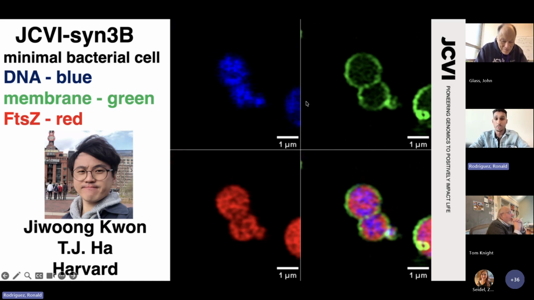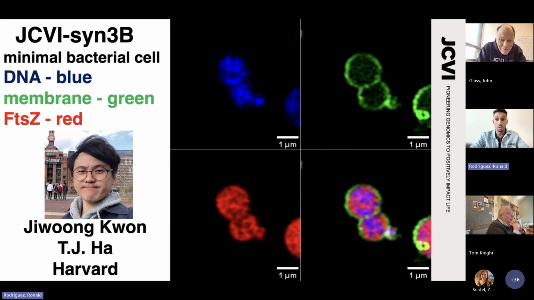And this is a very interesting pattern because in natural bacteria, if you look at fluorescently labeled FtsZ, what you see is a layer of fluorescence in the middle of the cell. What we see here with the JCVI minimal cell is fluorescence not only in the middle of the cell, but all around the cell, suggesting that the cell may be dividing at multiple spontaneous random points inside the cell.